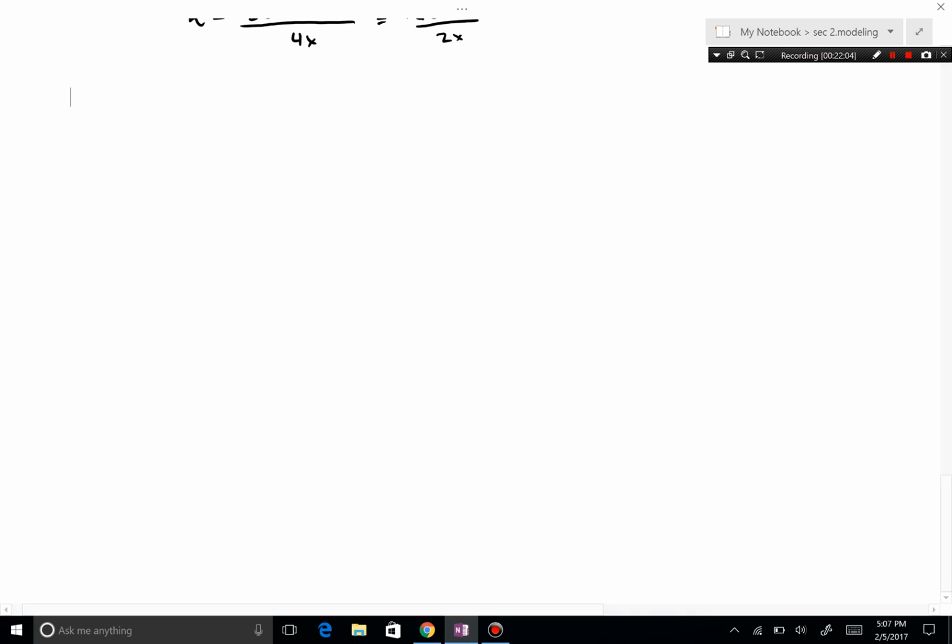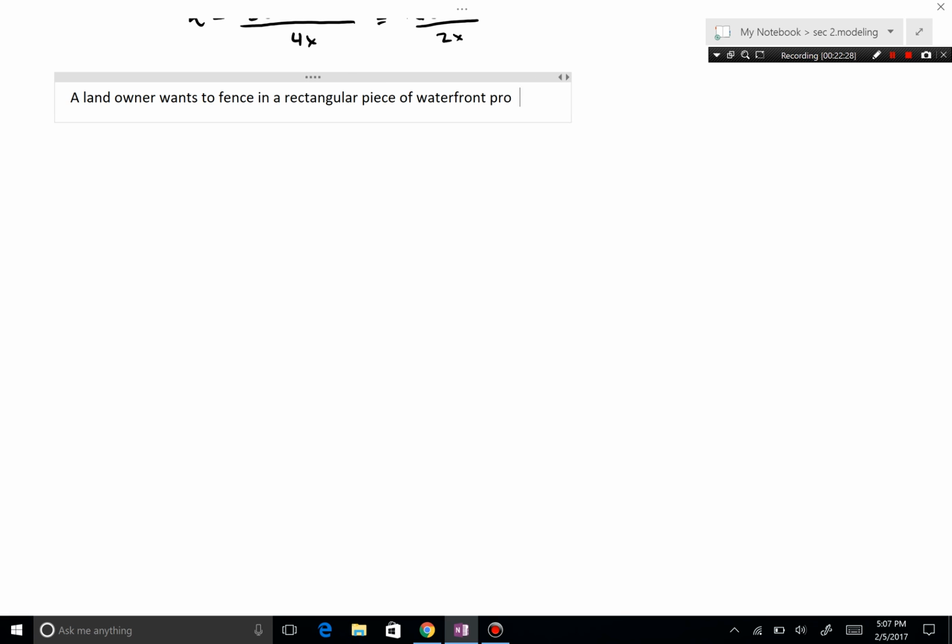Okay, so here's a problem for you to do that I will definitely take from you tomorrow morning. Or when next I see you, if you want to shoot me an email. A landowner wants to fence in a rectangular piece of waterfront property. Now, obviously, if you are a good owner of your waterfront property, you would always make sure to put fences on 3 sides, not every side, because you won't be able to see the water.